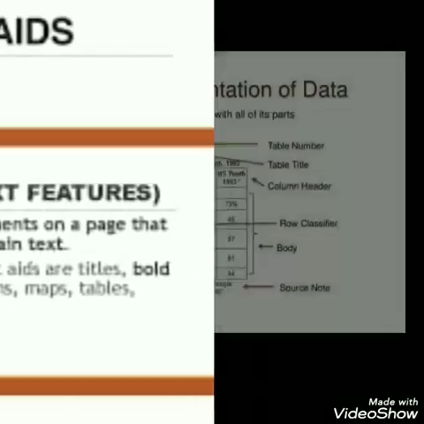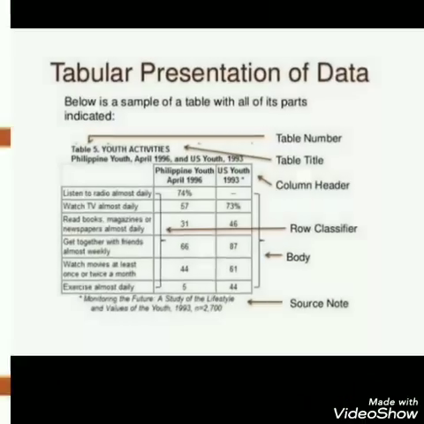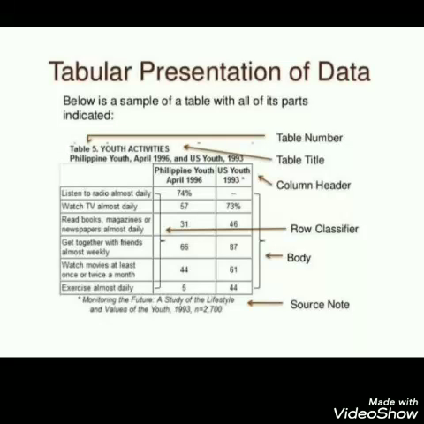After it, the second one is tabular presentation of data. According to its name, in this type of presentation data are presented in a table form. The table contains rows, that means horizontal lines, and columns, that means vertical lines, and cells are the boxes made by the combination of rows and columns.